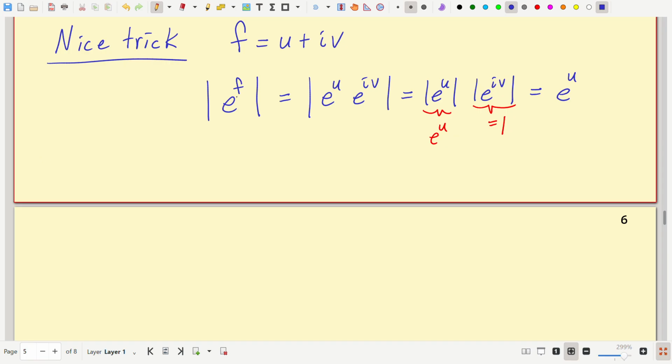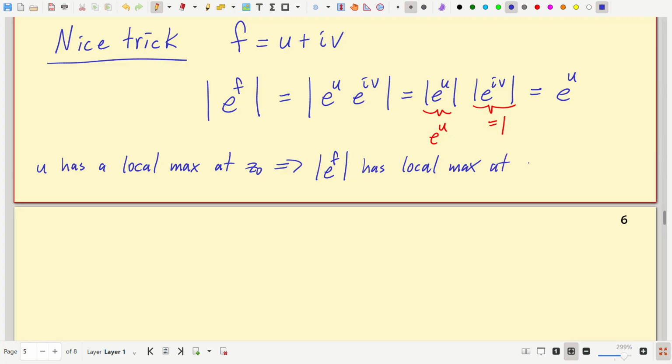So if I said that u has a local max at z naught, that implies the modulus of e to the f has a local max at z naught.